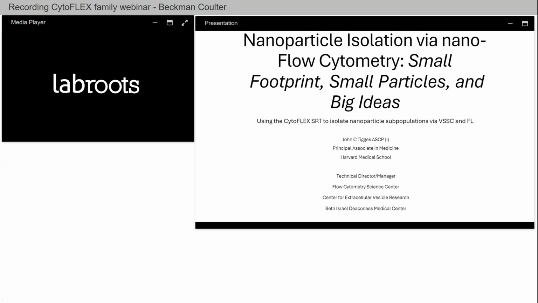It started with the work on the MoFlo XDP, moving to the Astrios EQ, and now what is hopefully, as you will see, a much more direct and easier approach due to the small footprint and the complementary status that is involved with the SRT to the rest of the CytoFLEX family, such as the S and LX.